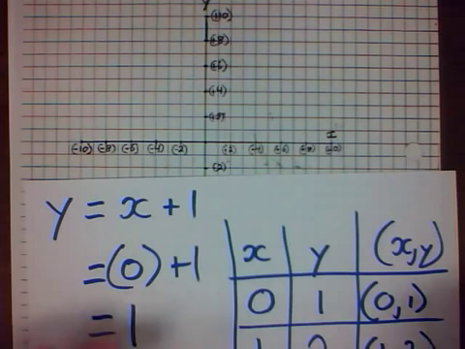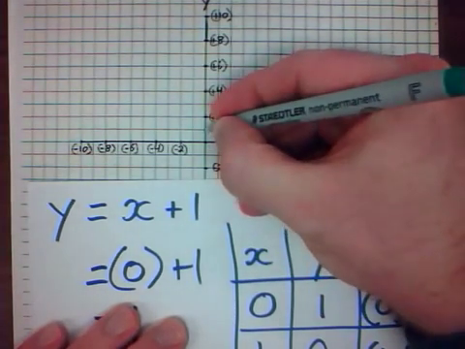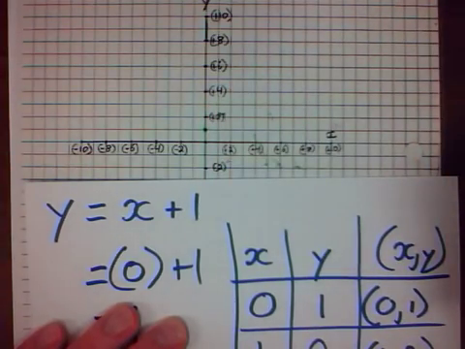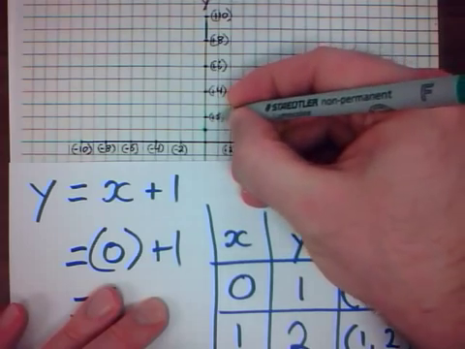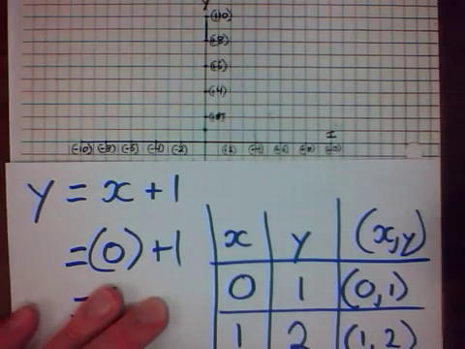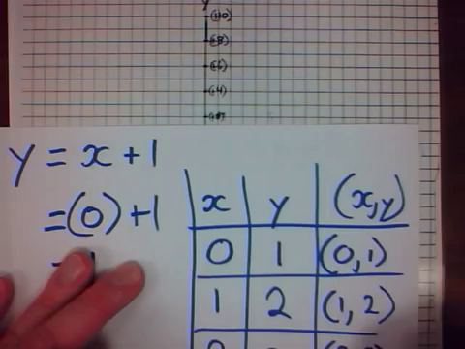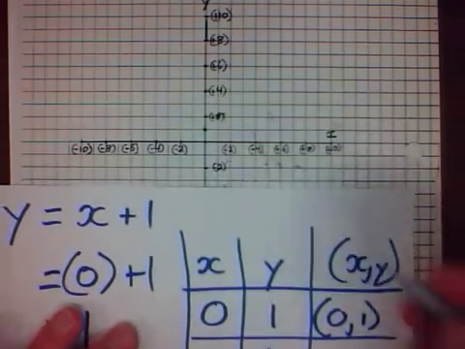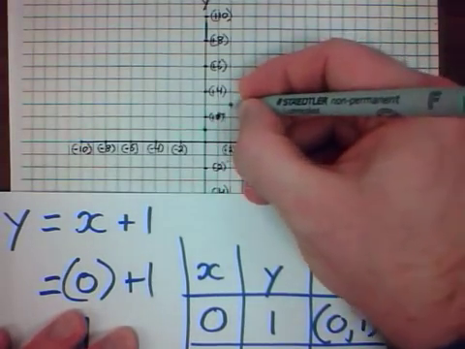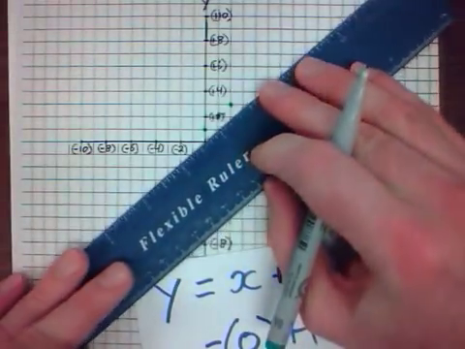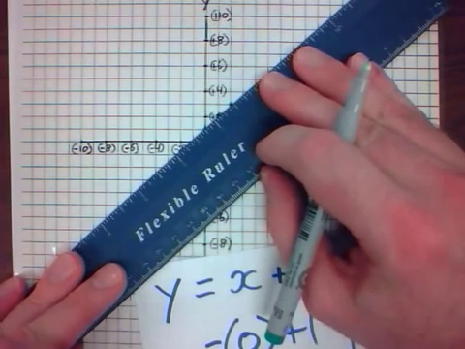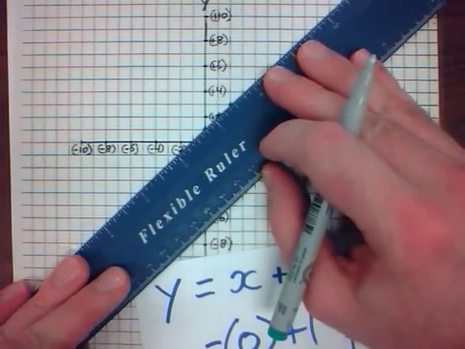The first coordinate, x 0, y of 1, that'll be right here. Second coordinate, 1, 2, x of 1, y of 2. Third coordinate, 2, 3, x of 2, y of 3. And then I'm going to line up the dots.